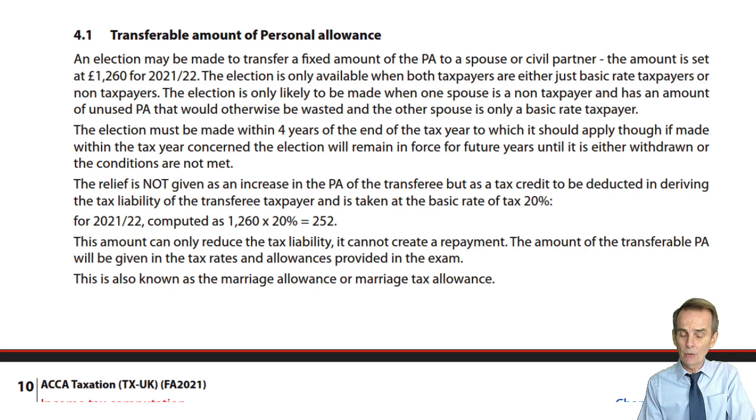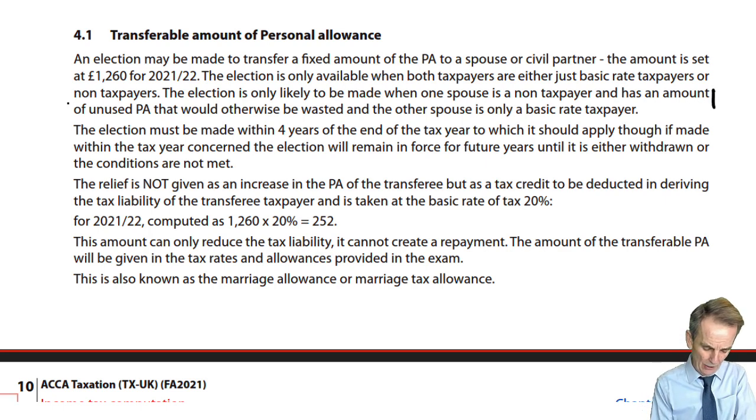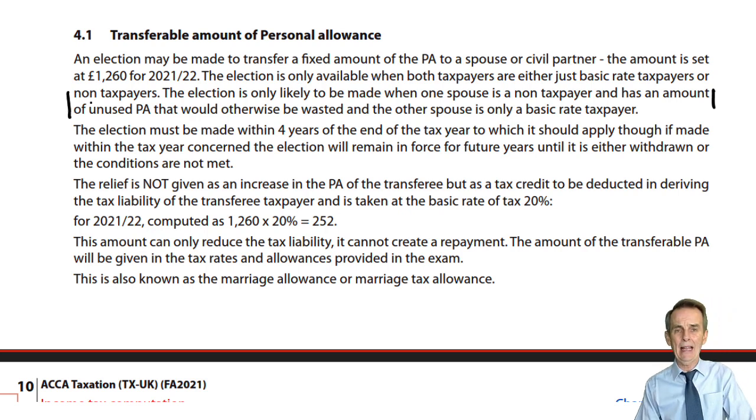What we had done within this particular section was to discuss the transferable amount of that personal allowance, and the situation in which it would be worthwhile, and that is where we have a non-taxpayer with some amount of unused personal allowance who has a spouse or civil partner who is a basic rate taxpayer.